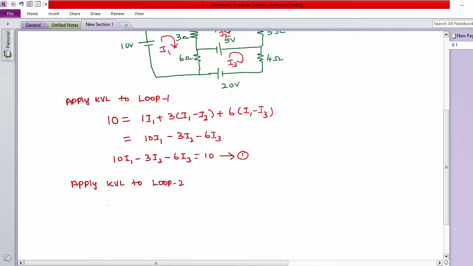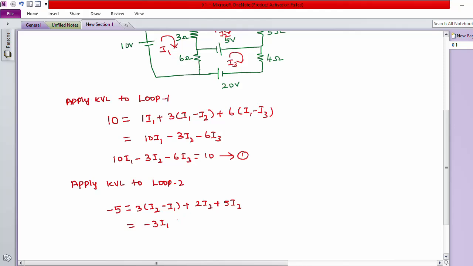So we have to write minus 5 equals 3 into (I2 minus I1) plus 2 I2 plus 5 I2. Similarly, like the previous step, here also you have to simplify the equation by combining all the coefficients.